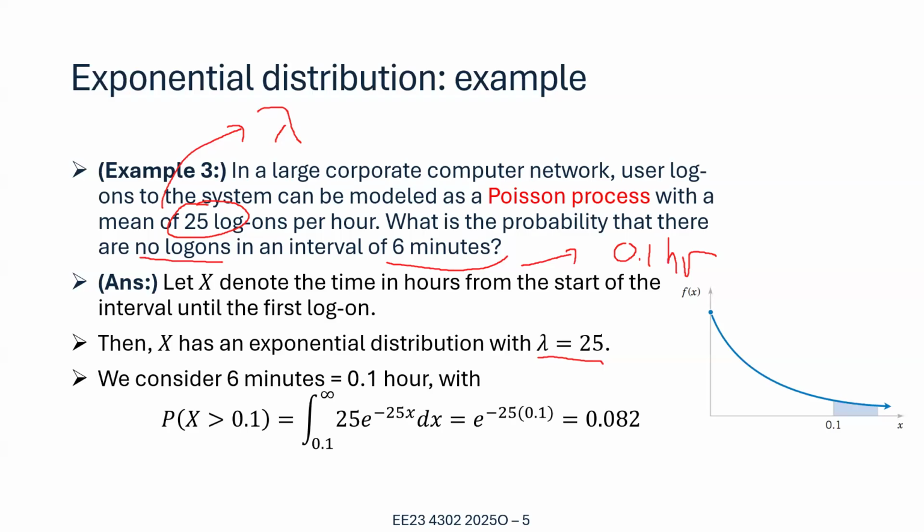We consider that x here is the time from the start until the first log-on, because there is no log-on in 6 minutes, so the first log-on must happen after more than 6 minutes, or 0.1 hour. So that's the relationship between these two. We can do this with a Poisson process also, and we will have the same result.